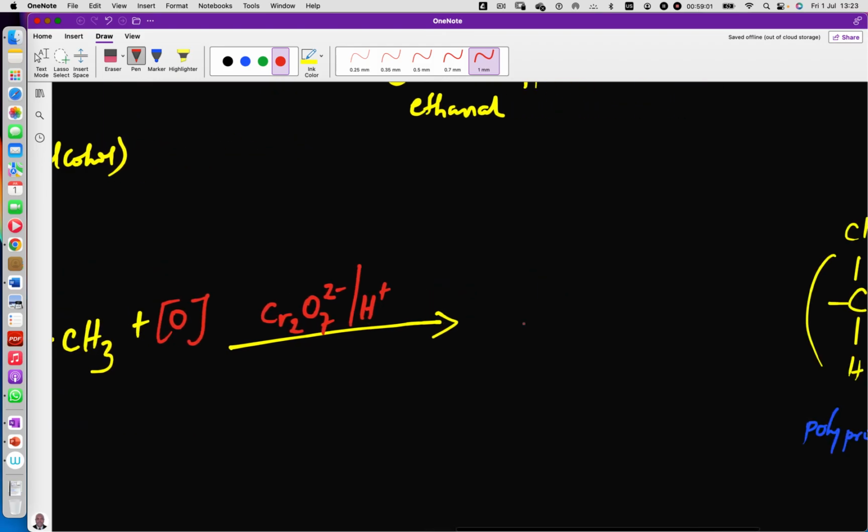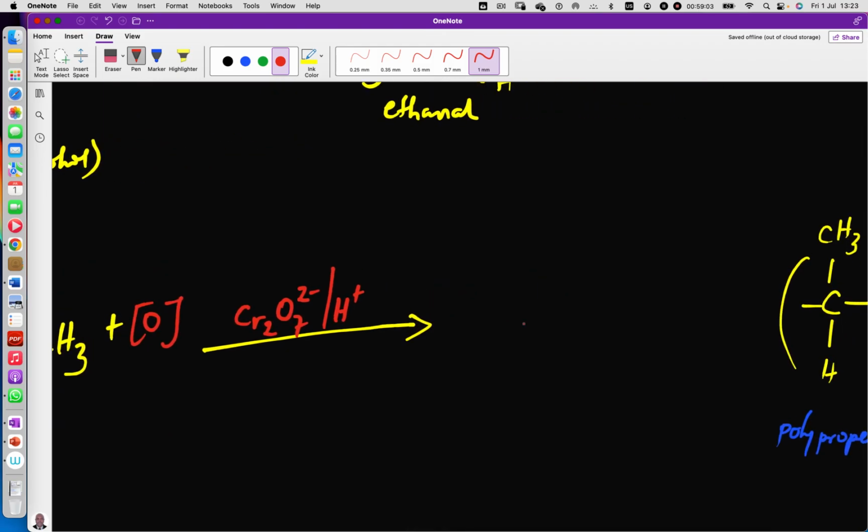Under this condition, secondary alcohols are oxidized to ketone plus water.